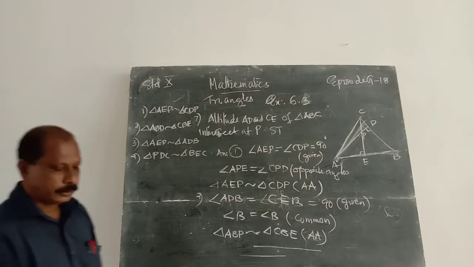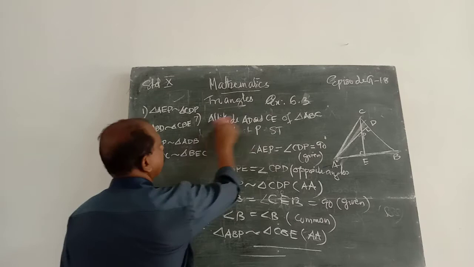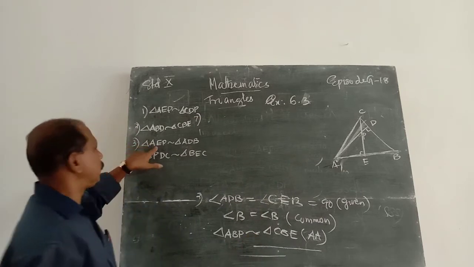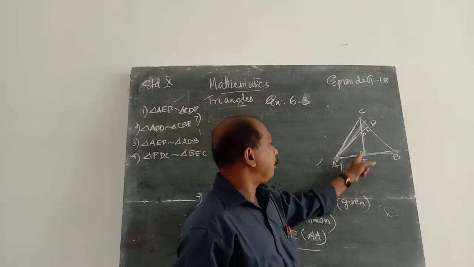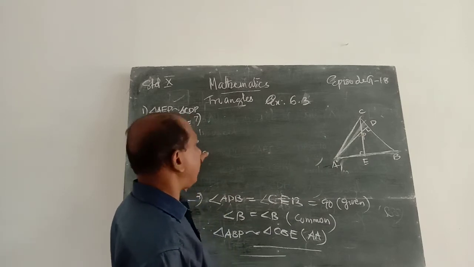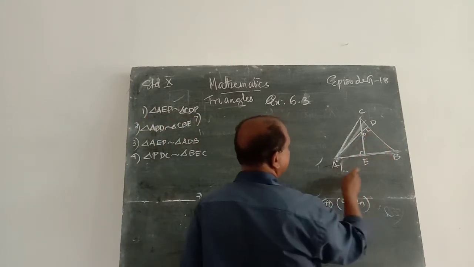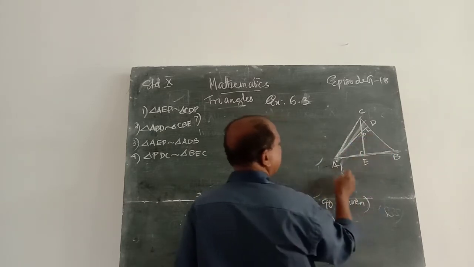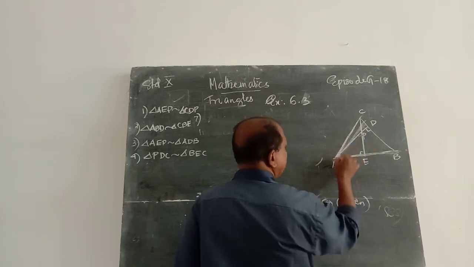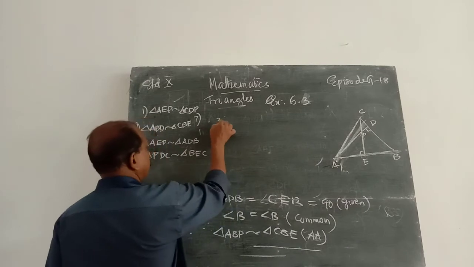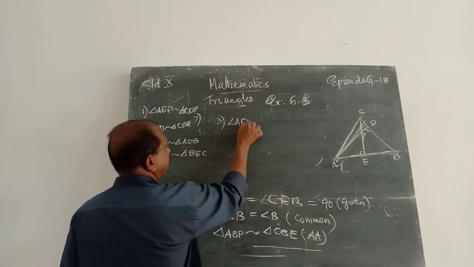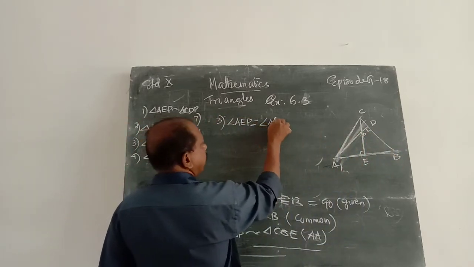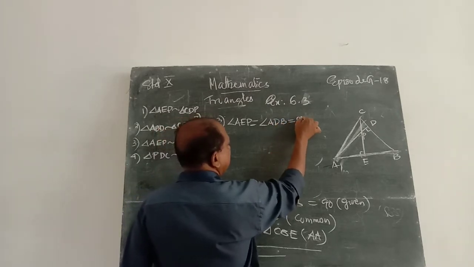Clear? Then what is the third question? The third question is AEP similar to ADB. In triangle AEP and triangle ADB, angle AEP is equal to angle ADB, and ADB is equal to 90 degrees. That is given.